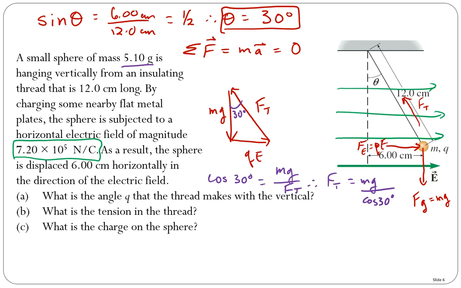I will find it from that. It's not equal because force and charge aren't equal. But if I can find what this force is, if I can find force E, that's QE. So Q is just the force there divided by the electric field.